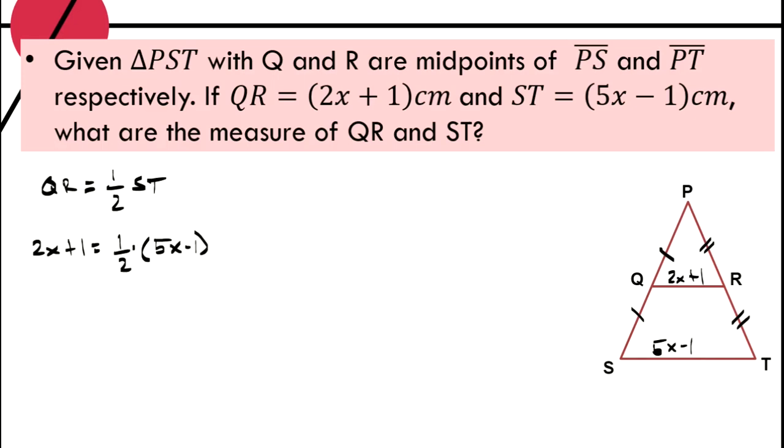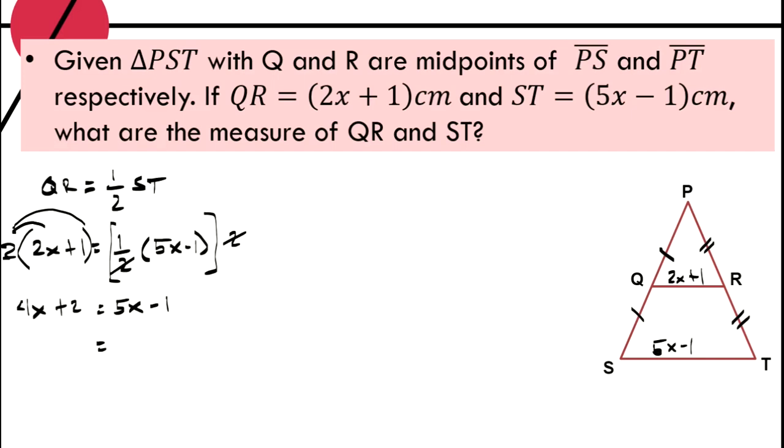To cancel the fraction 1/2, multiply both sides of the equation by the reciprocal of 1/2, which is 2, and the 1/2 cancels. Then 5x minus 1 is equal to, distribute 2 to each expression on the left side. So 2 times 2x is 4x, and 2 times 1 is 2.